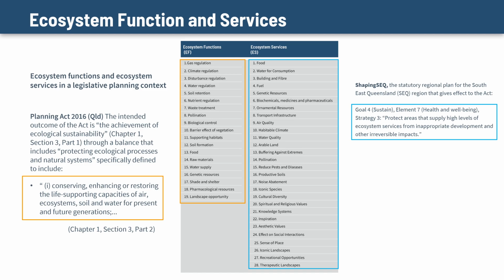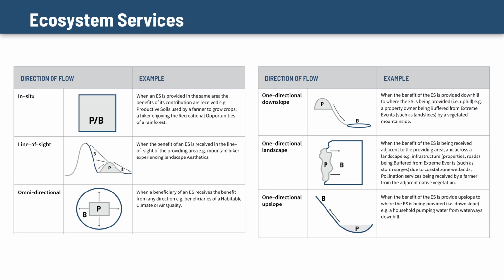In terms of actual protection and management, it is somewhat complex because unlike forests, which are relatively stable and stay in one place, ecosystem functions have these direct and indirect flows. So for instance, within a boundary, for example a farmer's field, we can have in situ benefits provided, for instance, by the soil formation that's happening there and the generation of productive and fertile land for growing crops. But in other instances, if we look out across a vast landscape, we have more line-of-sight types of ecosystem services.